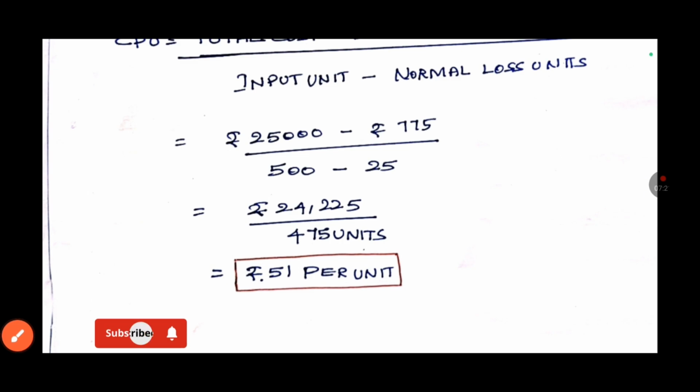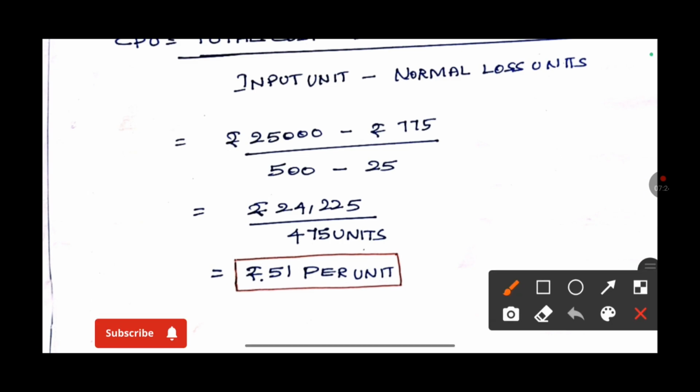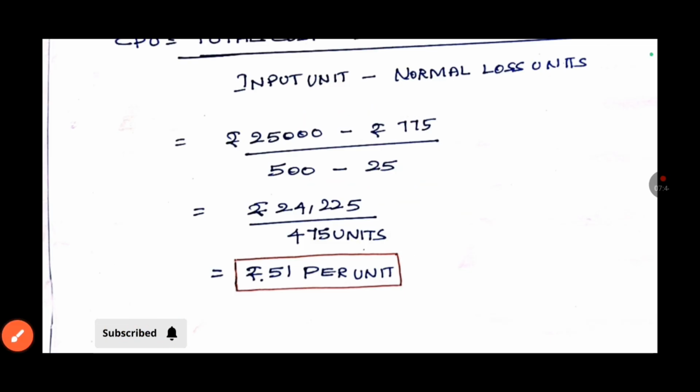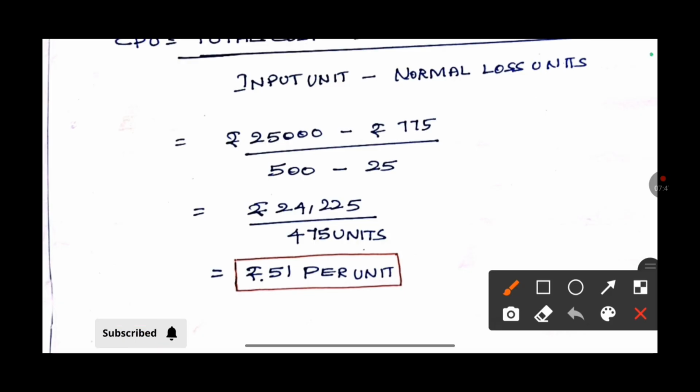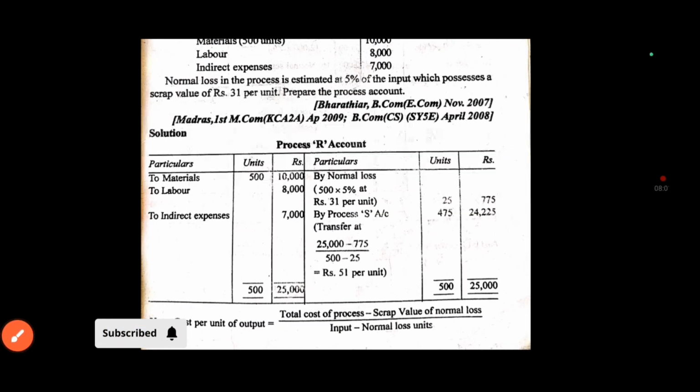After deducting 775 rupees from 25,000, you will get 24,225 rupees. After deducting the normal loss from input, you will get 475 units. Then 24,225 divided by 475 units. You will get the cost per unit is 51 rupees. It will be entered here.